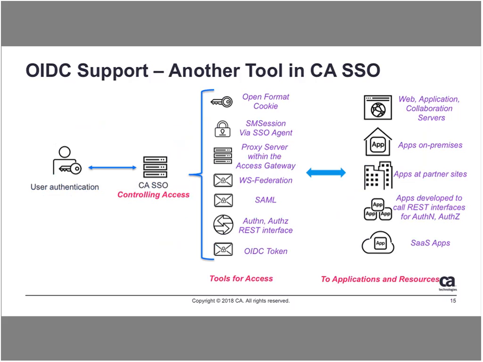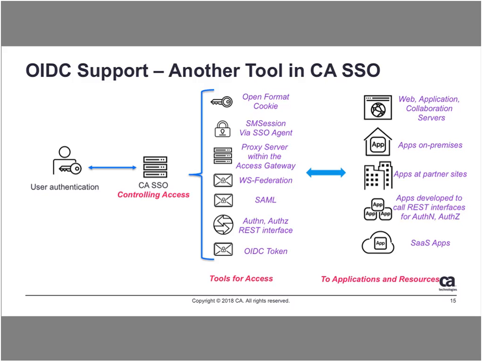I think one of the points we wanted to make in relationship to OpenID Connect is, and again, the focus here has been on single-page applications, but we also wanted to round up OpenID Connect as a capability within CASSO using this slide, which is intended to communicate that there are a number of different applications and resources across a whole range of different styles of applications within your environment.